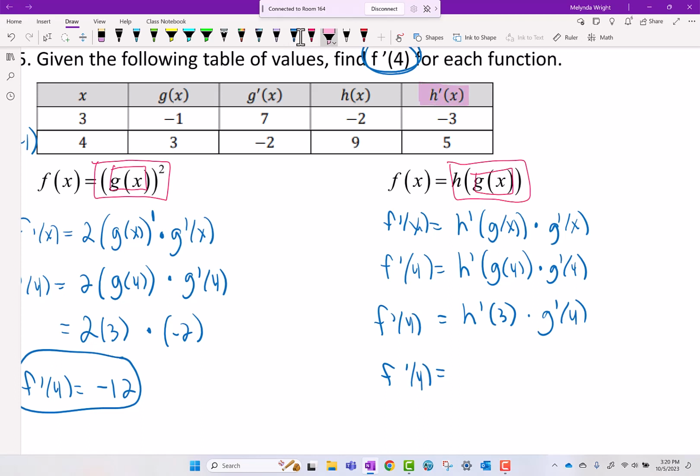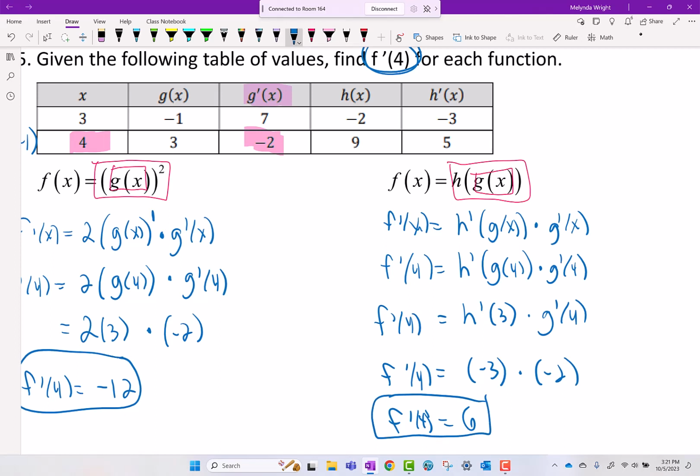Here's h prime of 3. h prime of 3 is a negative 3. And g prime, let's see where that is. So g prime is here. g prime of 4 is a negative 2. And so we get f prime of 4 is 6. Oh, sorry for the messy writing. Okay, how's that? Are we okay? Okay, very good.